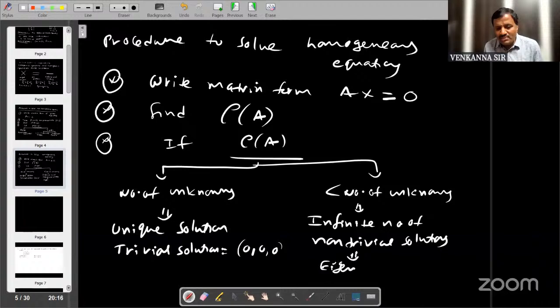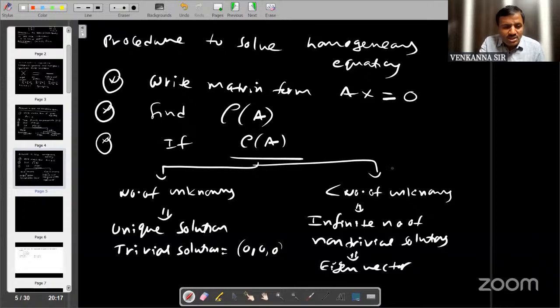There also I will explain this one. Eigenvector is associated to what type of equations, homogeneous or non-homogeneous? Eigenvector is associated with the homogeneous equations. Remember this concept. So these are the procedures to solve the homogeneous and non-homogeneous equations.